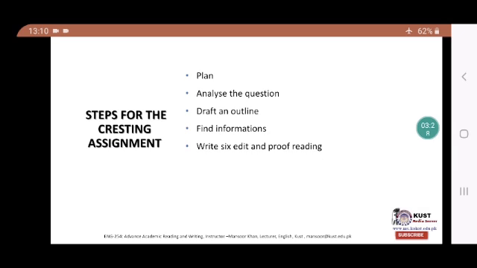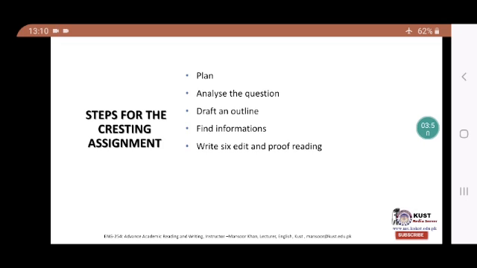Analyze the question. First you have to analyze the question, on which question you are going to work. Draft an outline. Outline is compulsory for any sort of question.